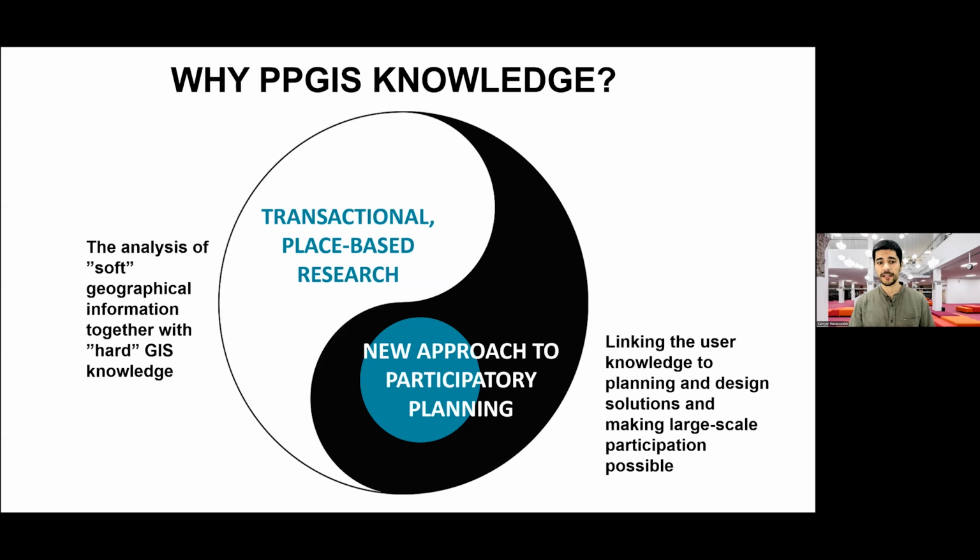And the idea here is that we have the planning and we have research at the same time, and these complement each other. This is something that you will hopefully see during my presentation with the examples I present. But yes, the idea is that PPGIS knowledge can be valuable both for doing research and also a way for implementing participatory planning.